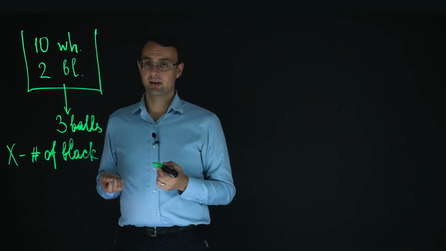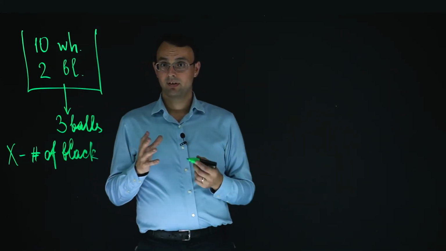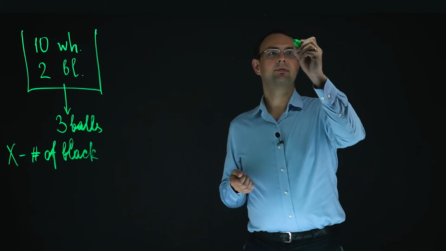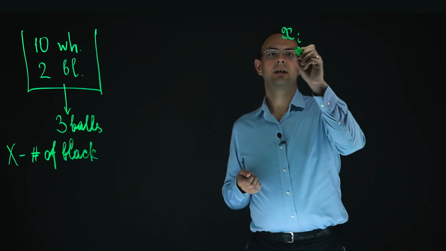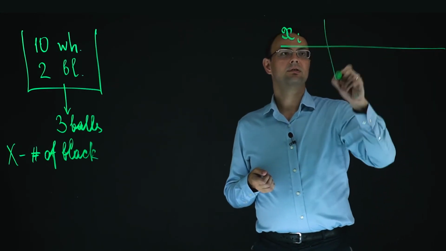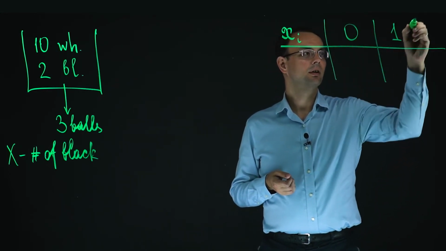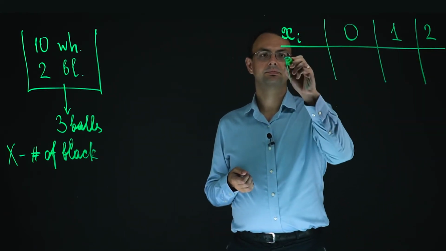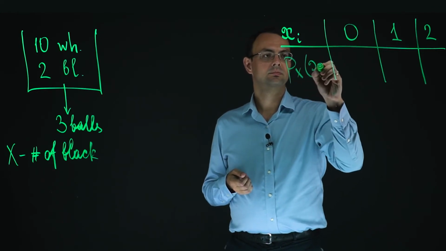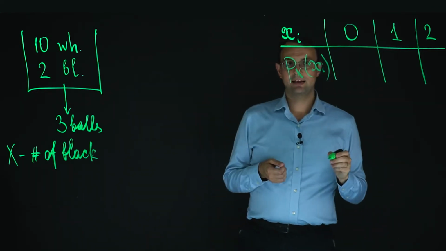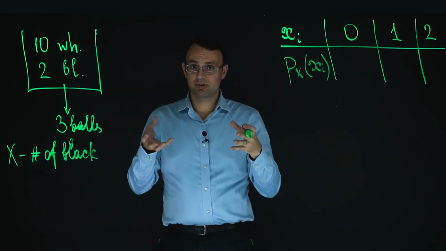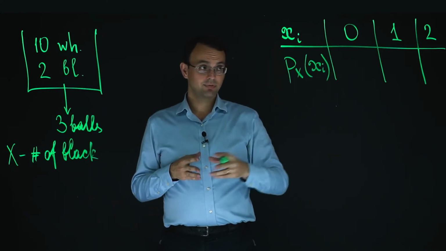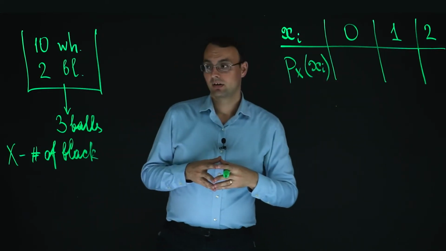So how will this distribution table look? Here I have possible values 0, 1, and 2, and here I have probabilities. To define the distribution of this random variable, I need to find these three probabilities.